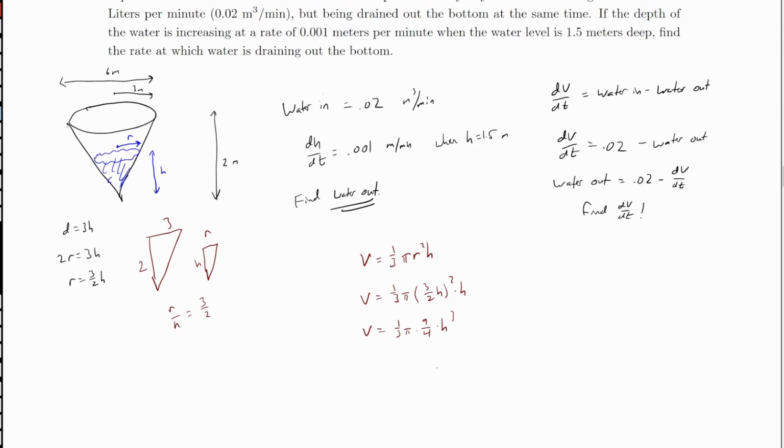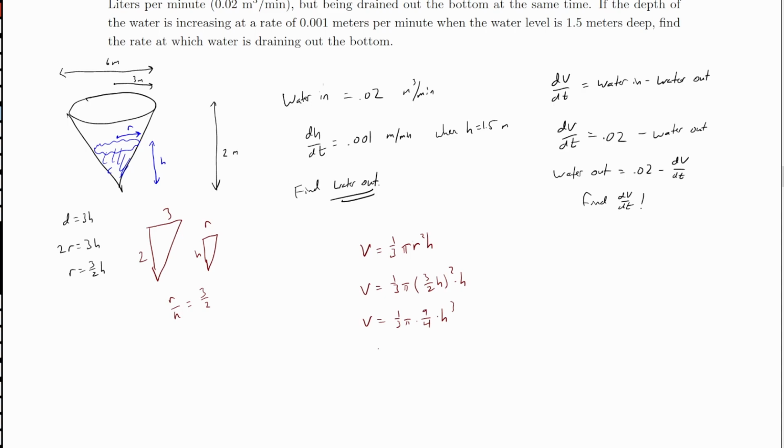Okay, so now we can differentiate. So I get dV/dt equals 1/3 pi times 9/4 times 3h squared dh/dt. The 1/3 and the 3 cancel.